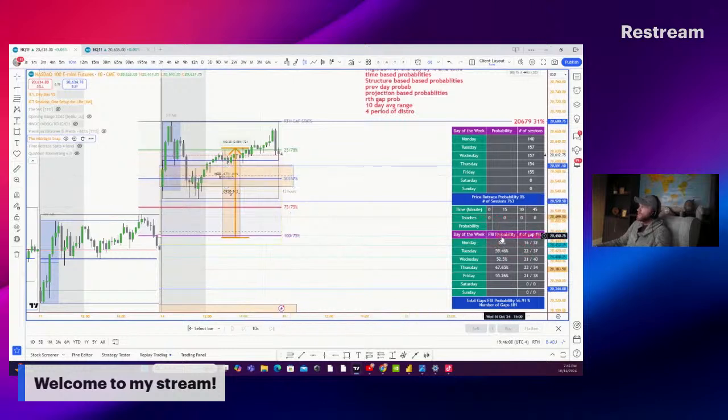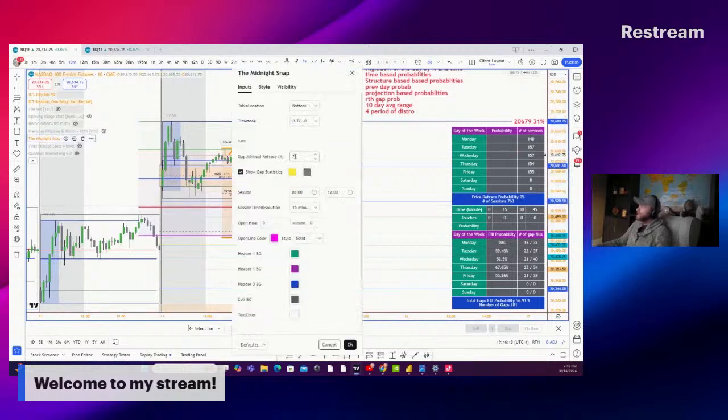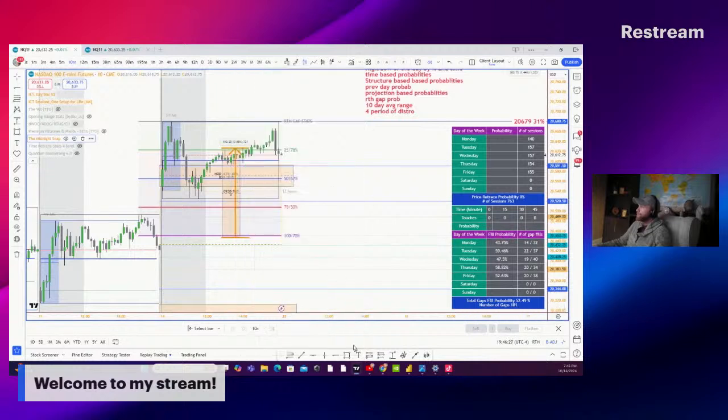We can see that there's a 50% probability of this 75 getting returned to, right? And then 100% RTH gap filled, it's a 43%.